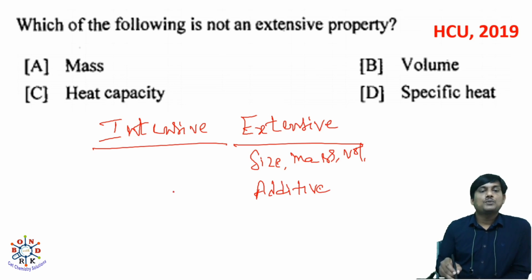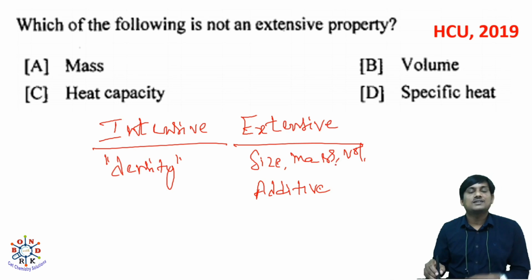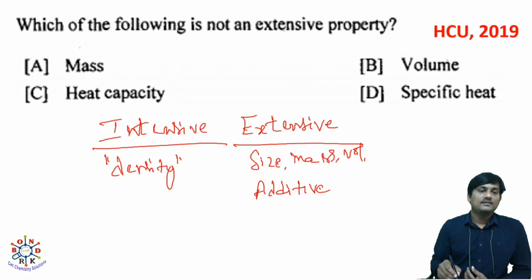But an intensive property does not depend on size, mass or volume, and it's not an additive property. Suppose you take density: it does not depend on the size, mass or volume of the matter. It is independent.